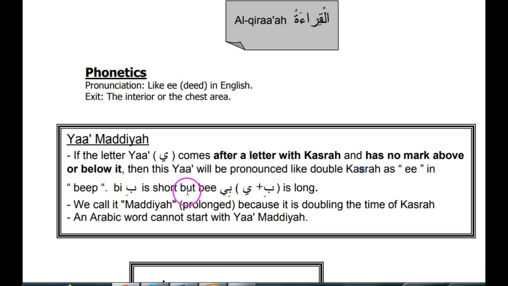B is short, but Bee is long. We call it maddiya or prolonged because it is doubling the time of kasra. An Arabic word cannot start with ya maddiya. These are known as long vowels, and in Arabic, words never start with vowels, always with consonants.